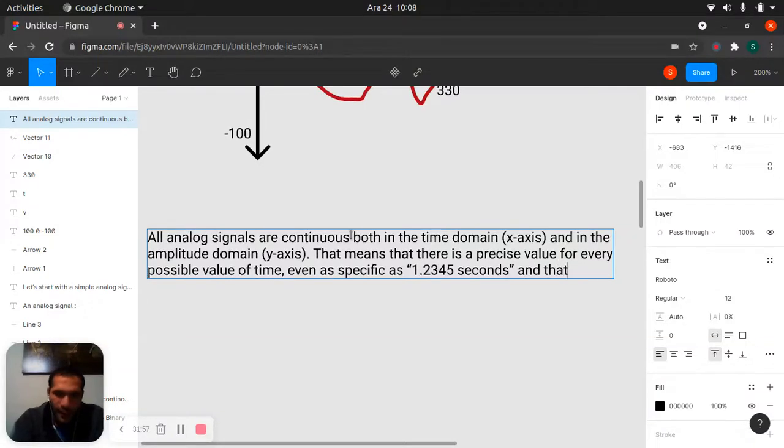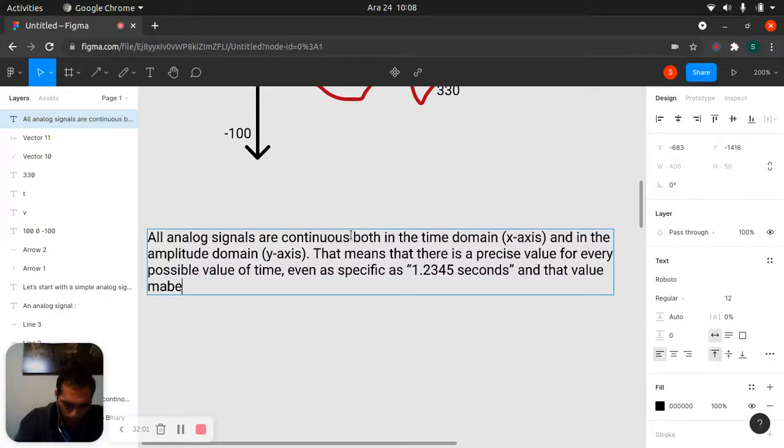and that value maybe as precise as that.